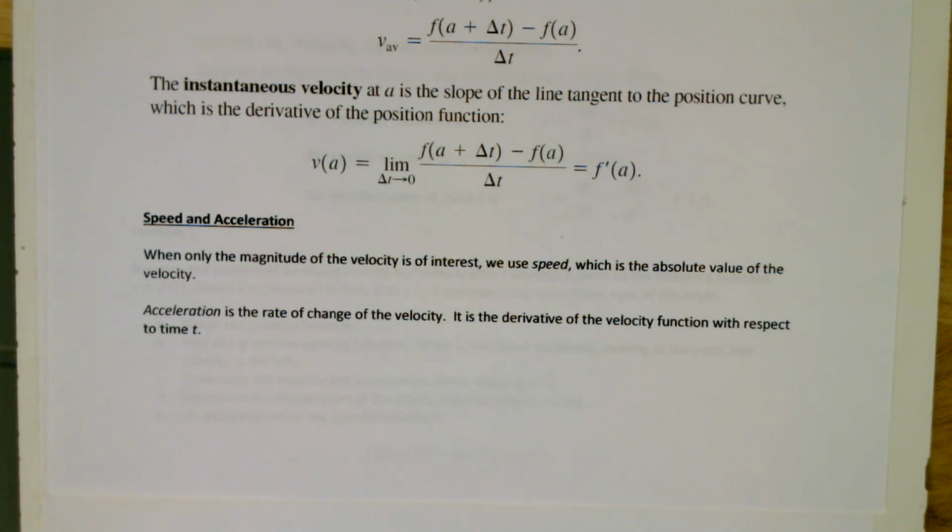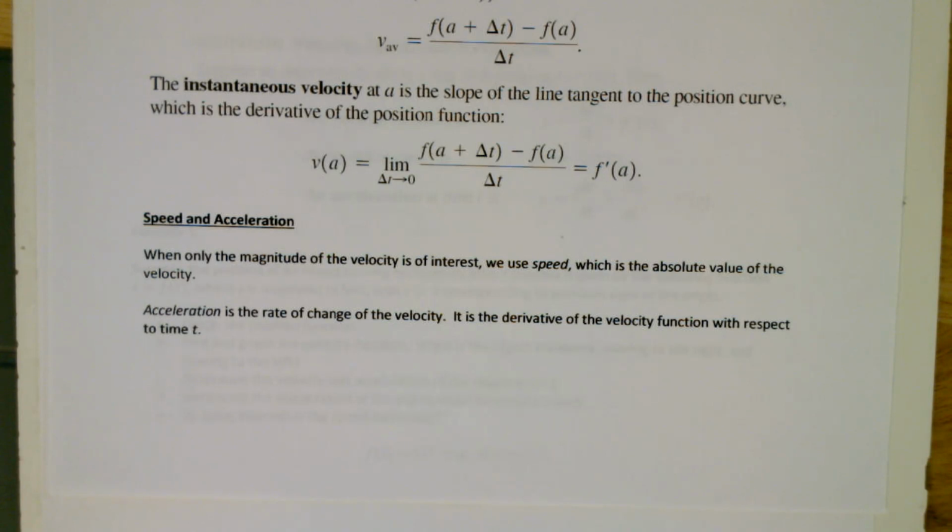We define the acceleration in mathematics as the derivative of the velocity function with respect to time. So think about this. If we have a position function, your first derivative will be your velocity function with respect to time.